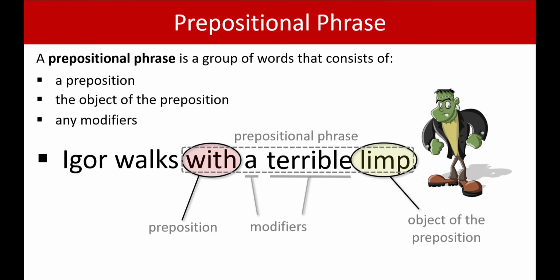Okay, hopefully you're starting to get a feel for what the modifiers are. They are usually words that describe the object of the preposition. Sometimes they are before it, like in all the examples we've seen so far, but sometimes those modifiers are after the object of the preposition, so keep an eye out for that.